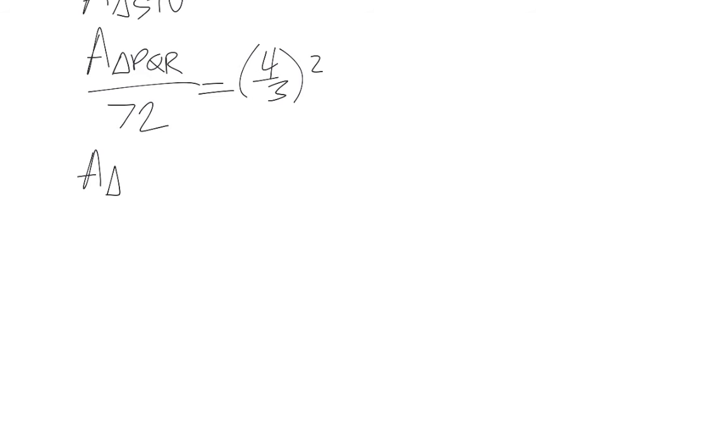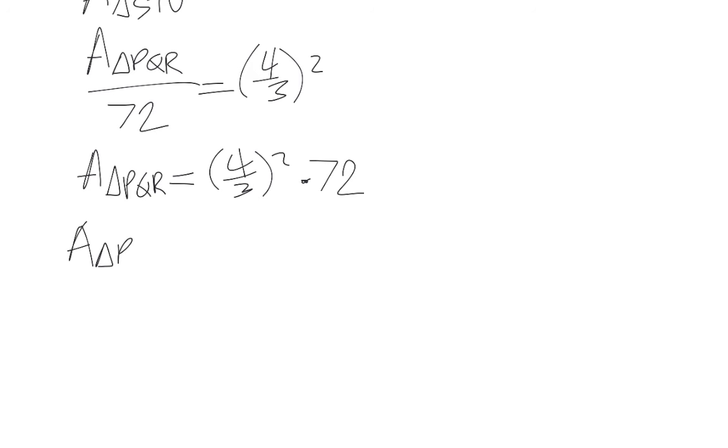The area of triangle PQR is equal to 4 over 3 squared multiplied by 72. So what I did there was I multiplied both sides by 72. So the 72 on the left side actually cancels out. Now, if I change 4 over 3 to a decimal, that becomes 1.33.